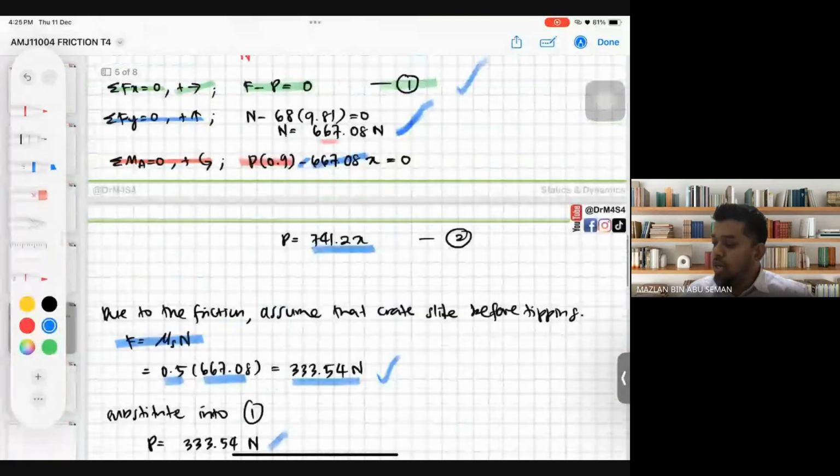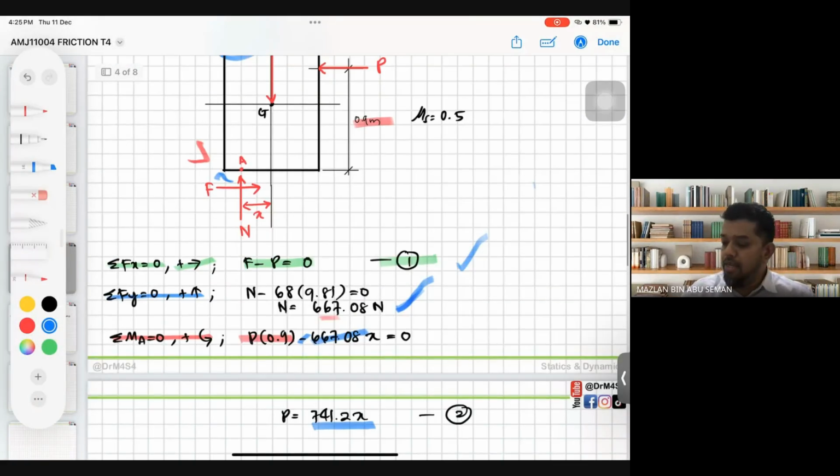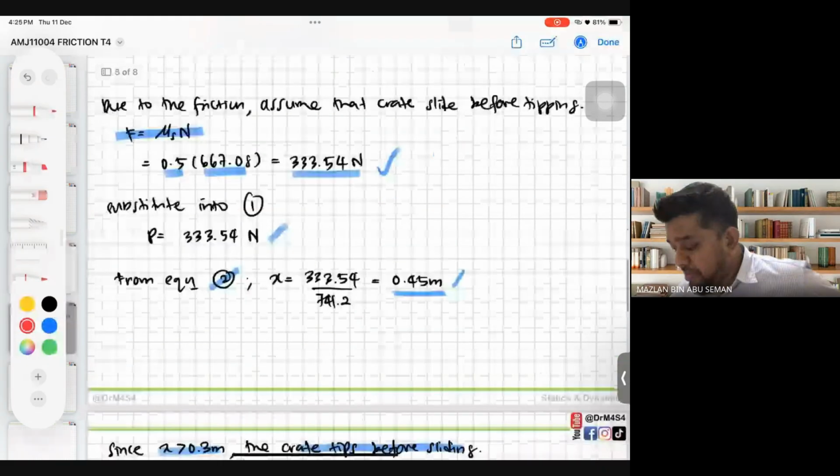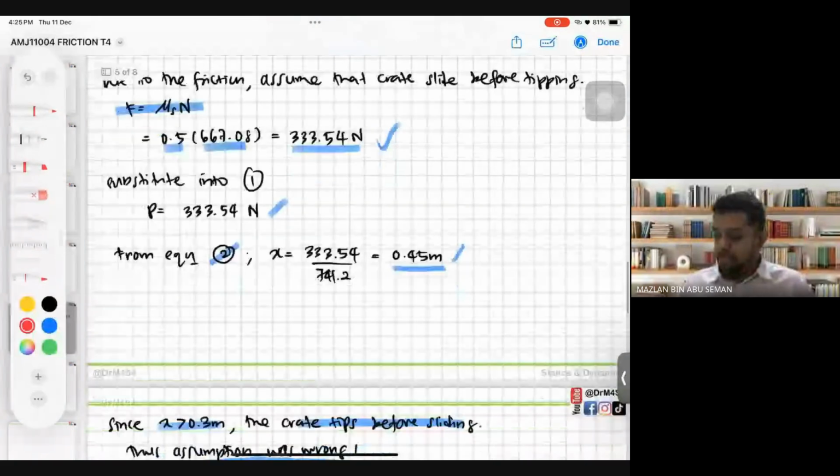So to those still stuck on this, because from my observation some of you are still curious about this, please do the example. I think example number 3 explains about tip and slide. So, any questions so far?